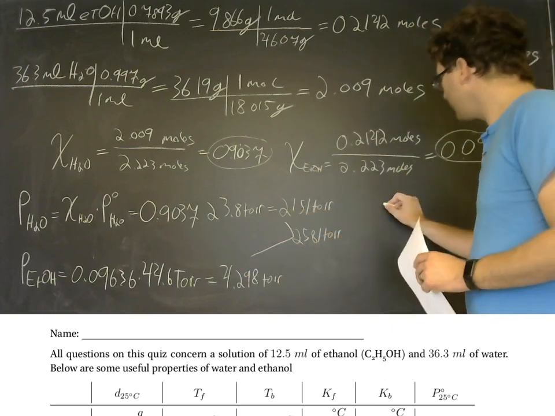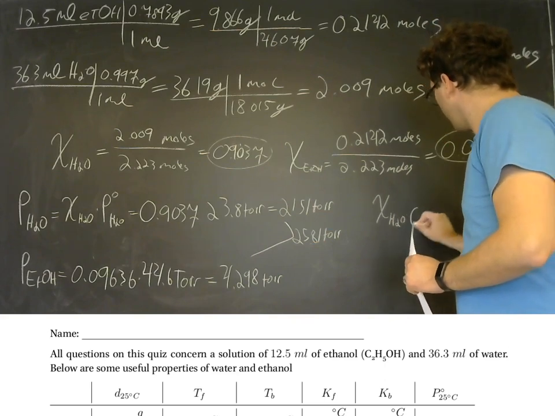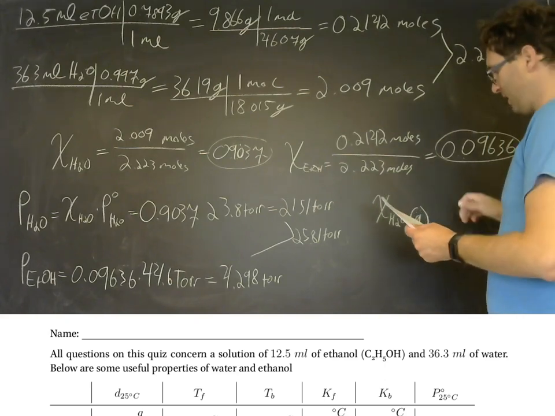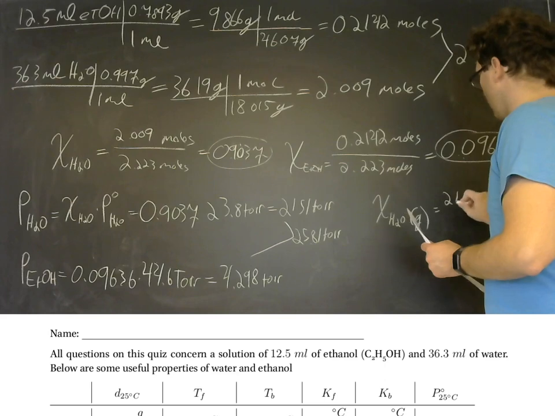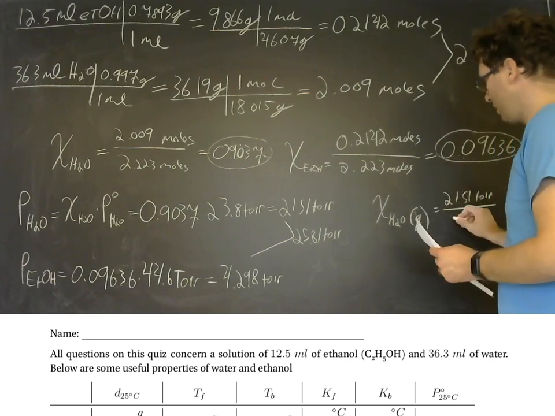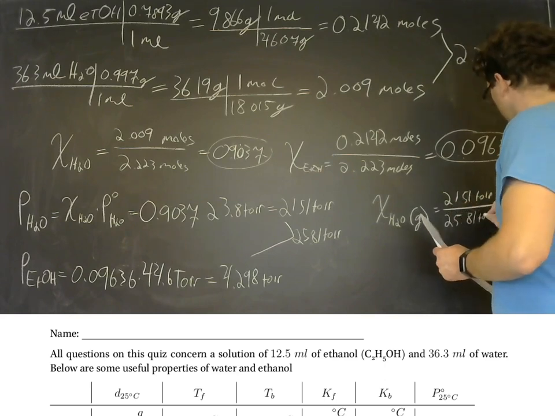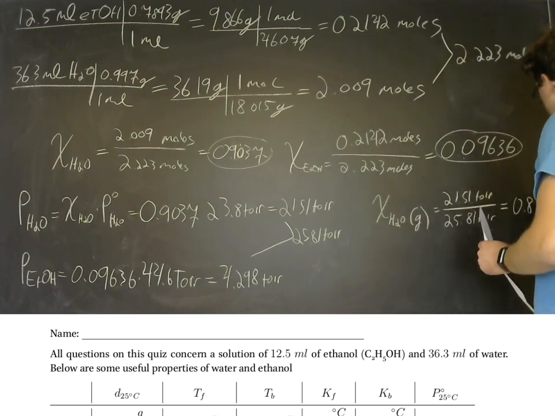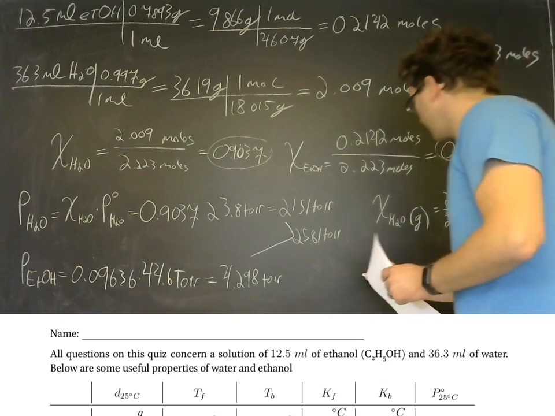Now we can calculate the mole fraction of water in the gas phase. That's going to be the pressure of water over the total, 21.51 torr over 25.81 torr, and that's going to equal 0.833. We can do the same thing for the ethanol.